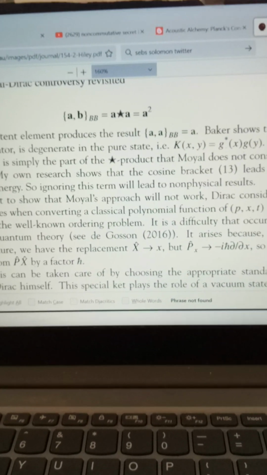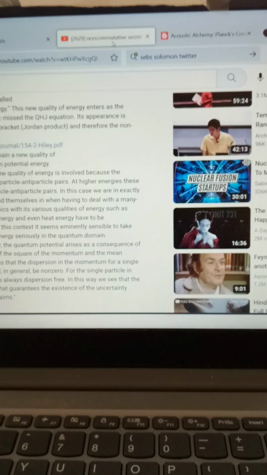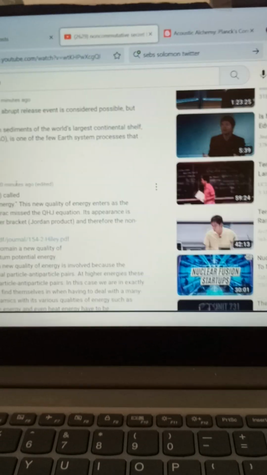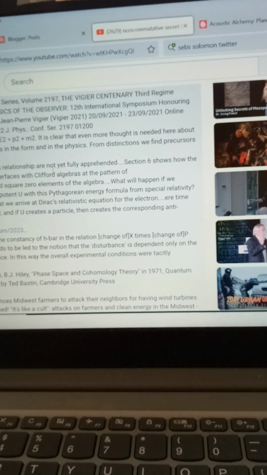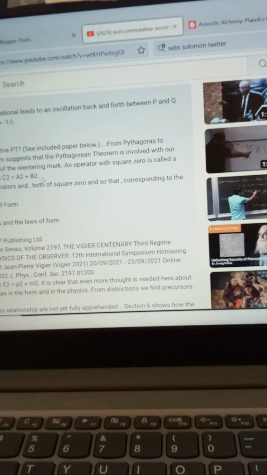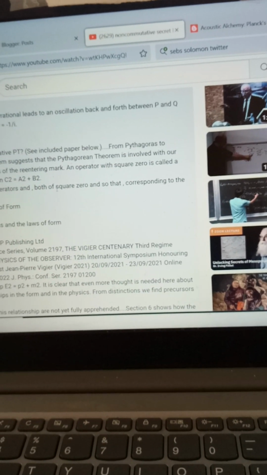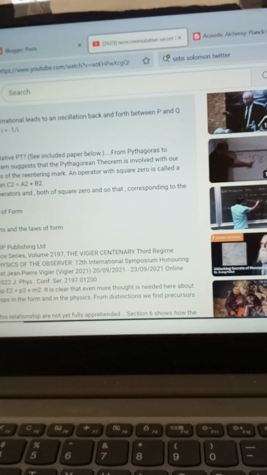Okay, so here it is right here, the idempotent element. So we had it right here from math professor Louis Kauffman that the square zero is the nilpotent operator.